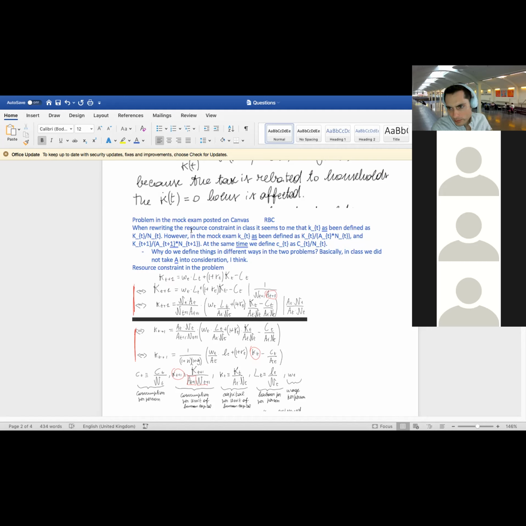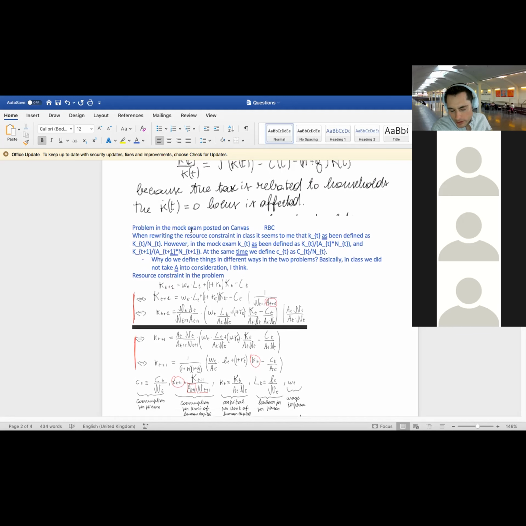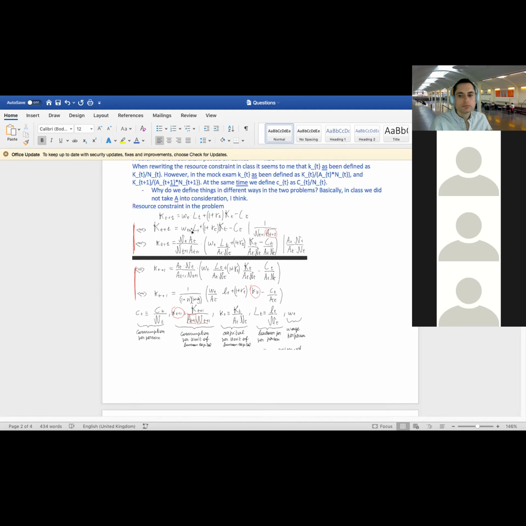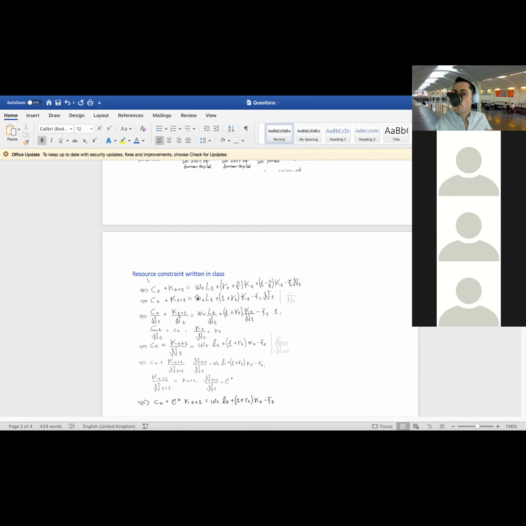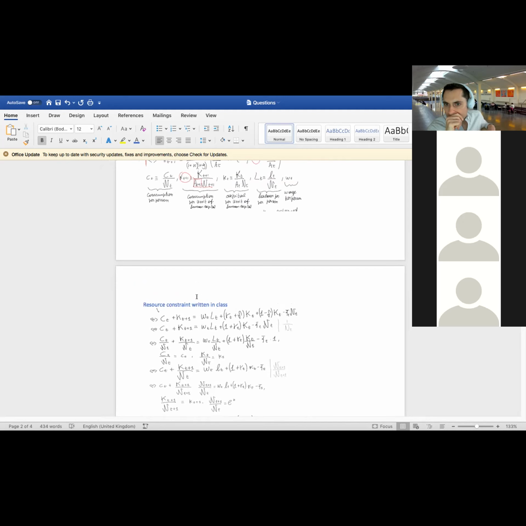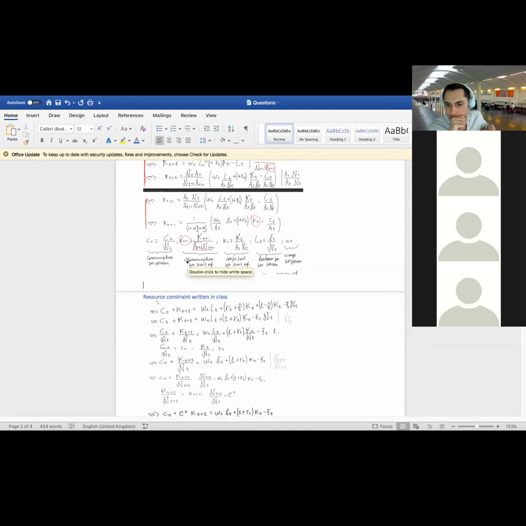I mean, I have to take a look at the problems, but what did we assume? Is there growth of A in both models? Yeah, in both. There's growth of A. So why do we write it differently in the two? Yeah, exactly. Why? Consumption per person, capital. Okay, wait.